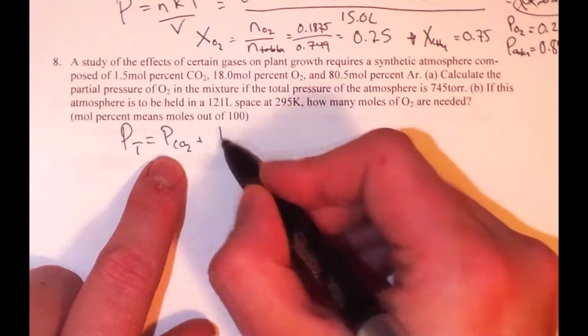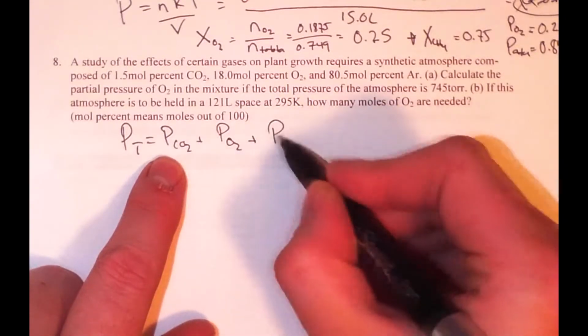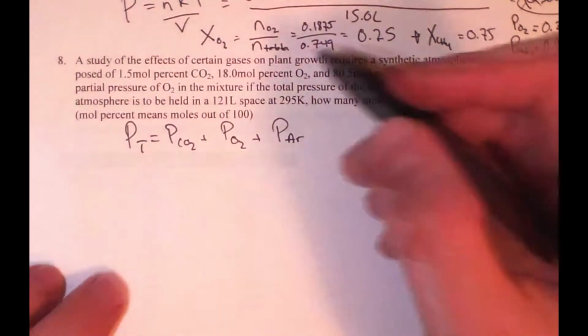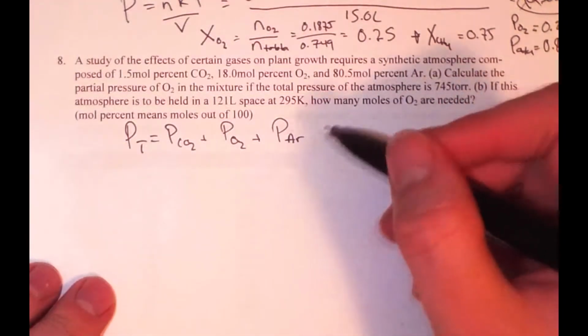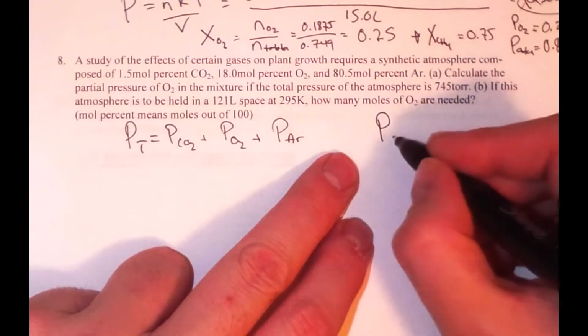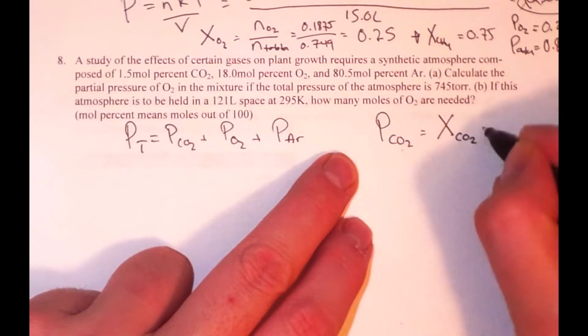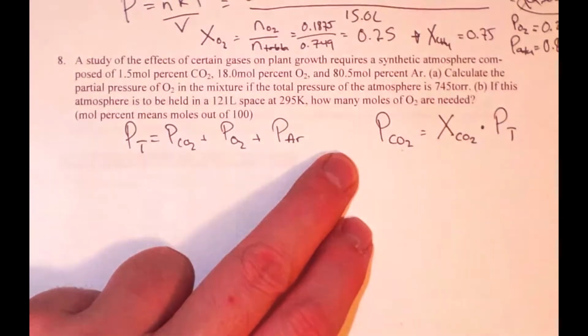So CO2 plus the pressure of O2 plus the pressure of argon. And that's simply Dalton's law of partial pressures. We also know that the pressure of CO2 is equal to the mole fraction of CO2 times the total pressure.